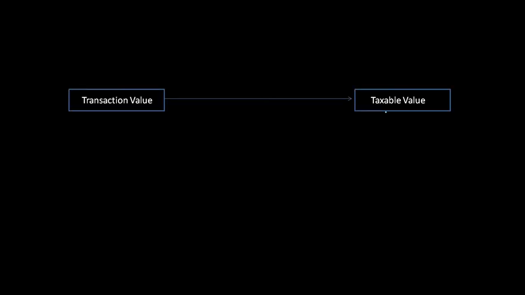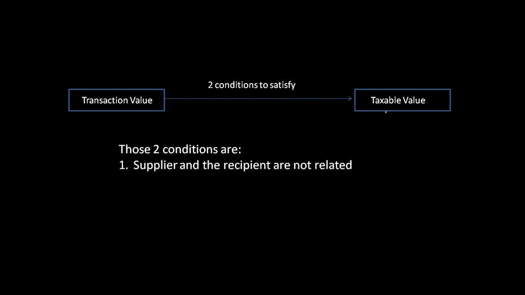Okay, to go from transaction value to taxable value, we have basically two conditions that need to be satisfied. What are those two conditions? First, the supplier and the recipient are not related. Supplier and the recipient should not be related. And secondly, price is the sole consideration.